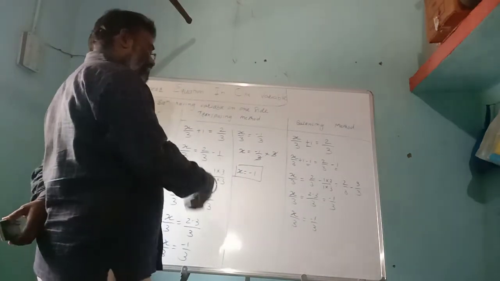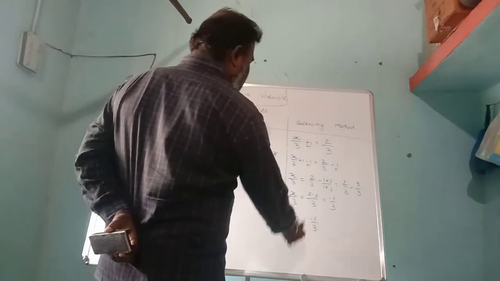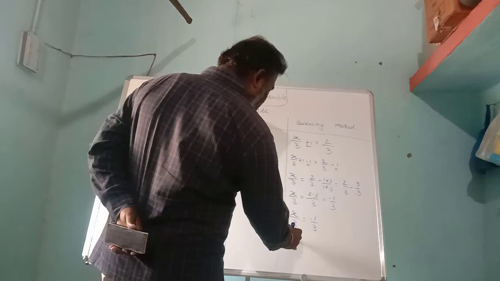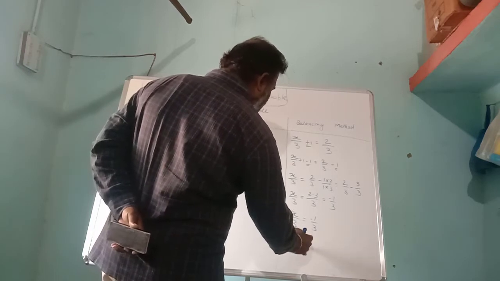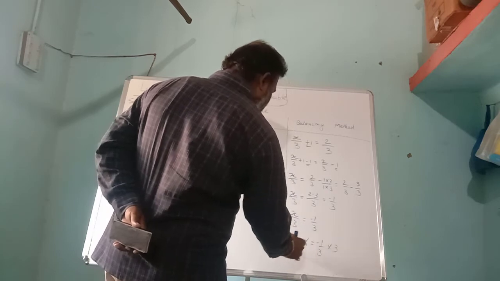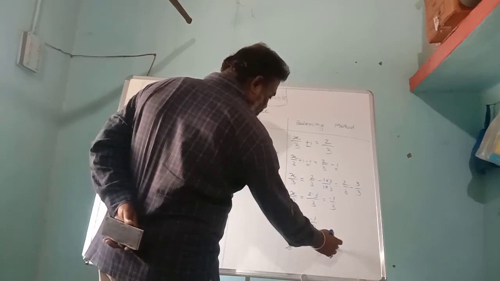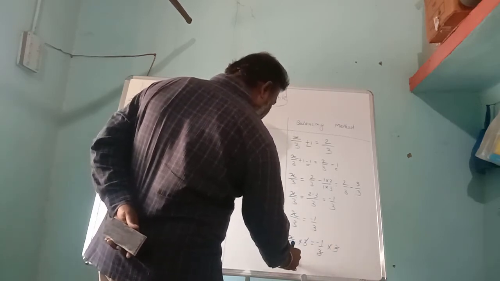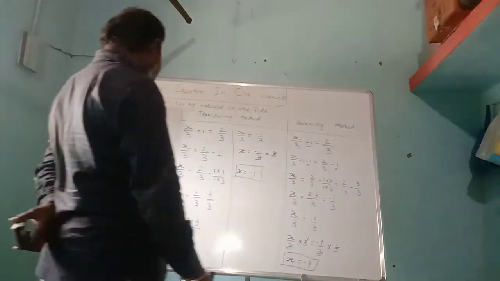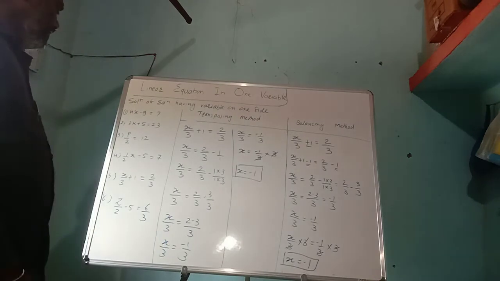Now for further balancing, I want to remove this 3 from the left hand side, so I have to multiply both sides by 3. x by 3 into 3 equal to minus 1 by 3 into 3. The 3 in the numerator and denominator cancel, similarly on the right. Hence x equals minus 1 is our required solution of the given linear equation.